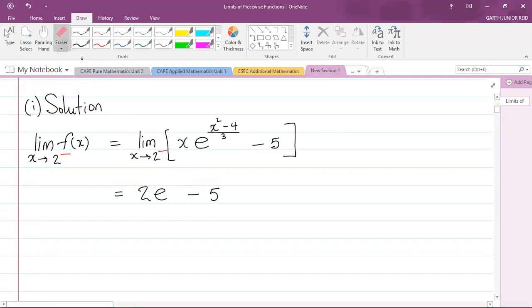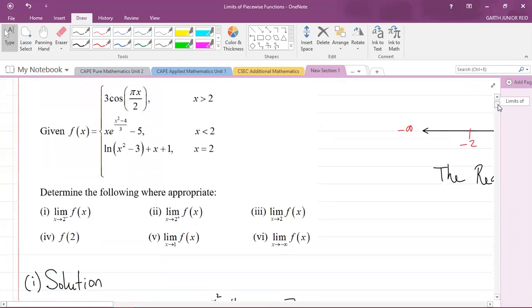And we know that e to the power of 0 has a value of 1. So what I have is 2 multiplied by 1, which is 2, so that's 2 minus 5. And I can now say that the limit of f of x as x approaches 2 from the left-hand side is equal to 2 minus 5, that's negative 3. Negative 3 is my answer.